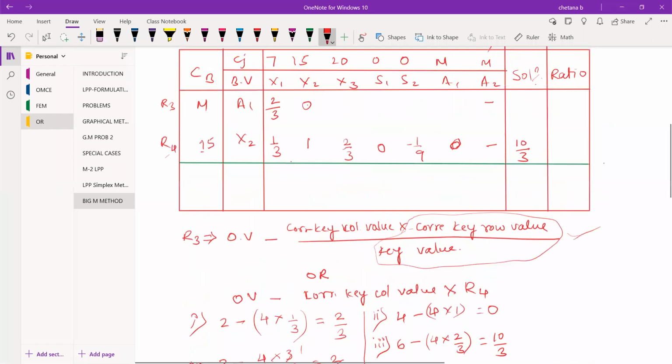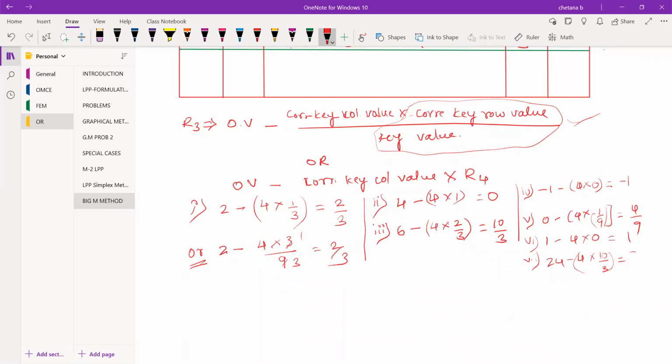Similarly, the fourth calculation, for the solution: old value is 24 minus 4 into 10/3. How much is this? 32/3.